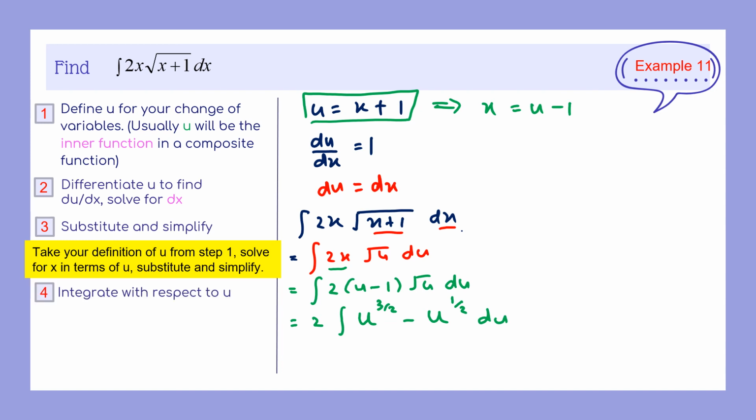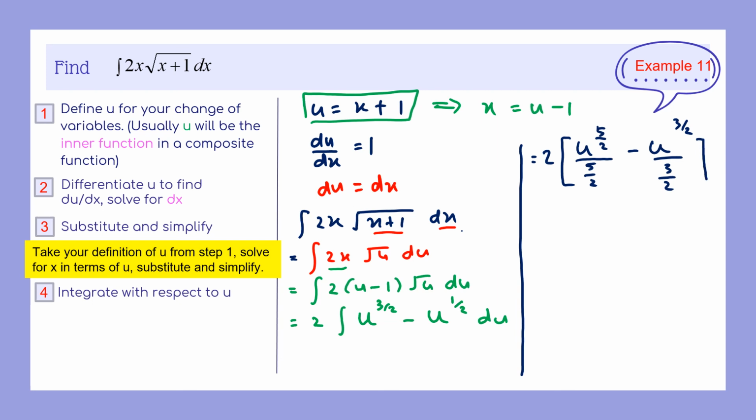So then we integrate this one. So 2 integrate u power 3 over 2, we get u power 5 over 2 over 5 over 2 minus u power 3 over 2 over 3 over 2. Don't forget plus c.